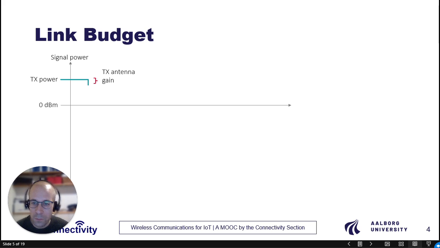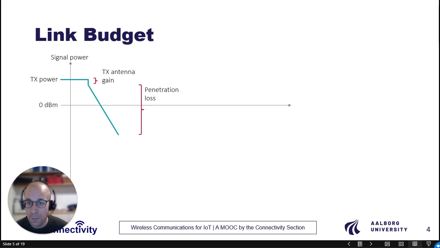But when it comes to small IoT devices, where the area that's reserved for the antenna can be very, very small, it's not uncommon that we actually have a negative antenna gain. So actually it's a loss. So we lose a bit of power emitting the signal into the air.